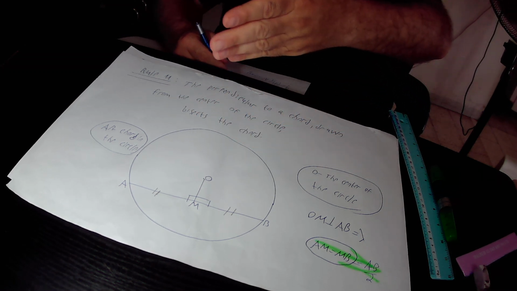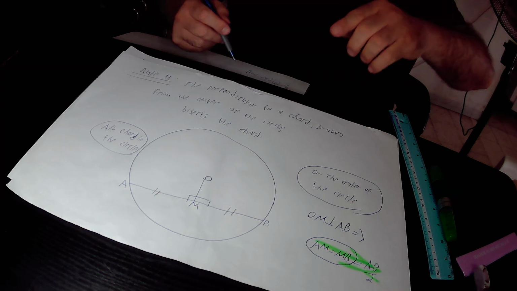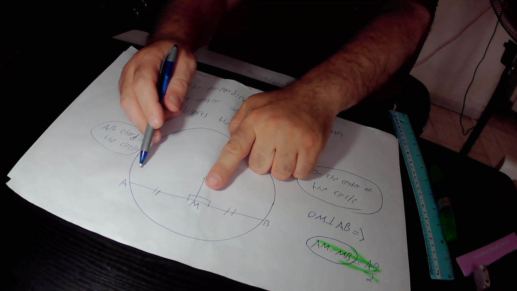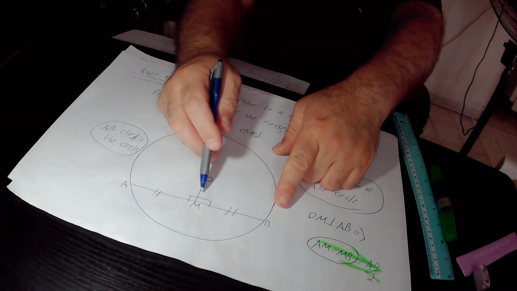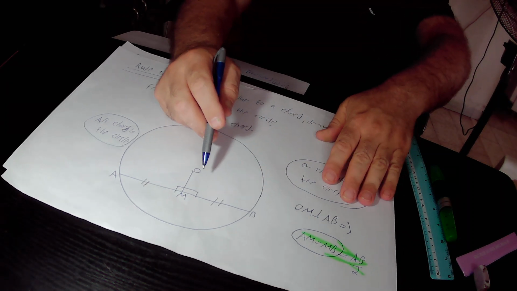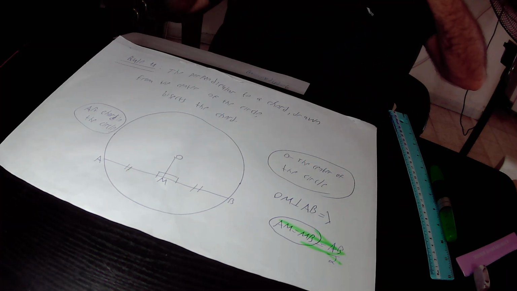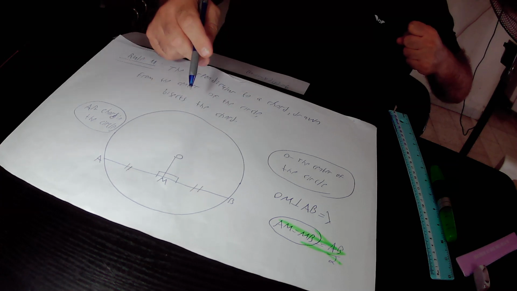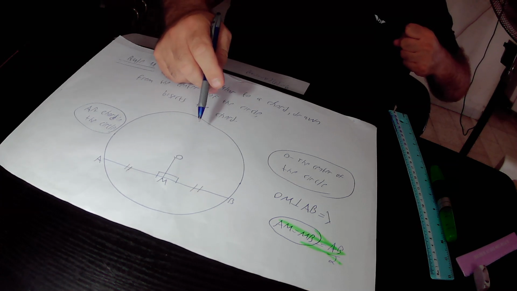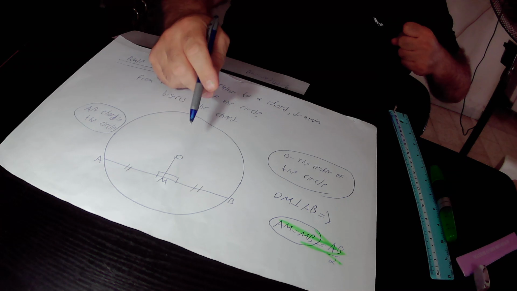Each half equals AB over 2. So the first half AM is equal to AB over 2. The second half MB is also equal to AB over 2. So according to this rule 11, whenever you draw a perpendicular from the center of the circle towards any chord, the perpendicular will bisect the chord.